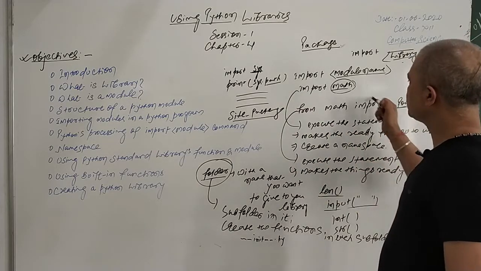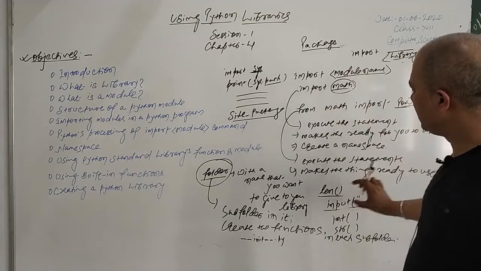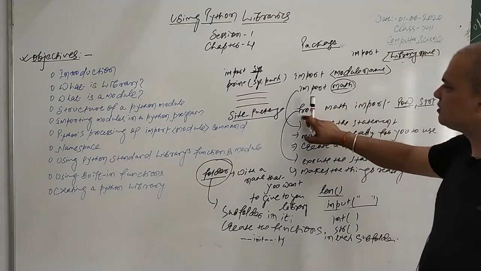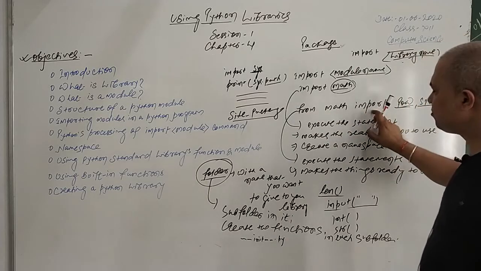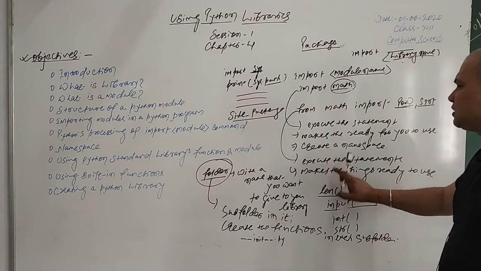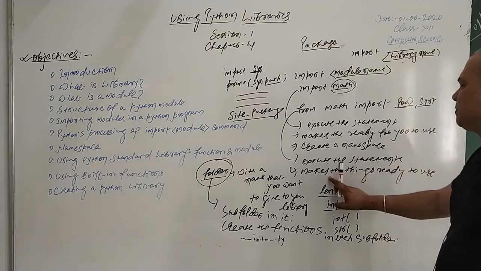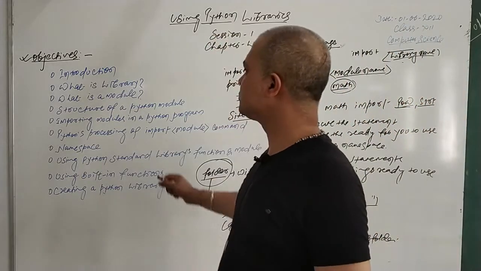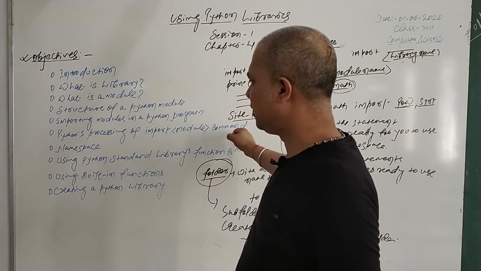This is the case when we are importing a complete module. If we are importing a partial one with the help of the from clause, the moment Python gets this statement in your program, it does two tasks: executes the statement and makes the things ready to use. This is how Python processes the import module command.